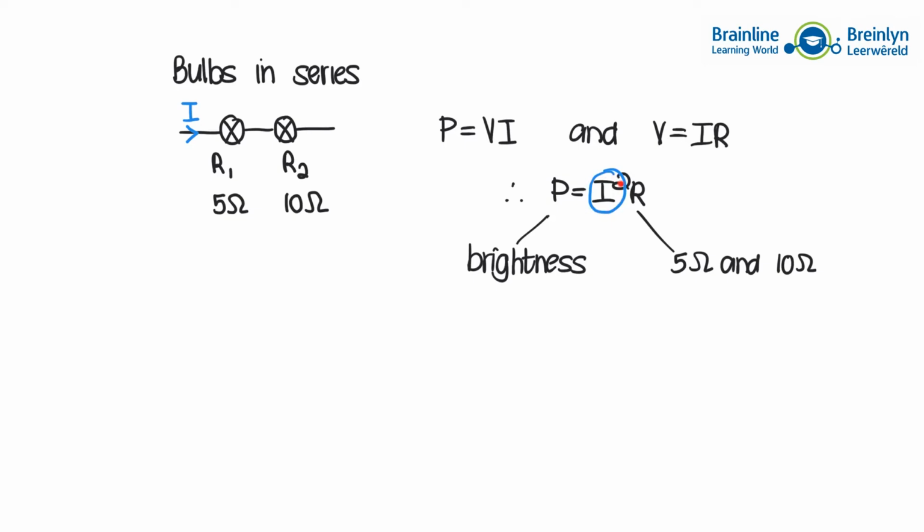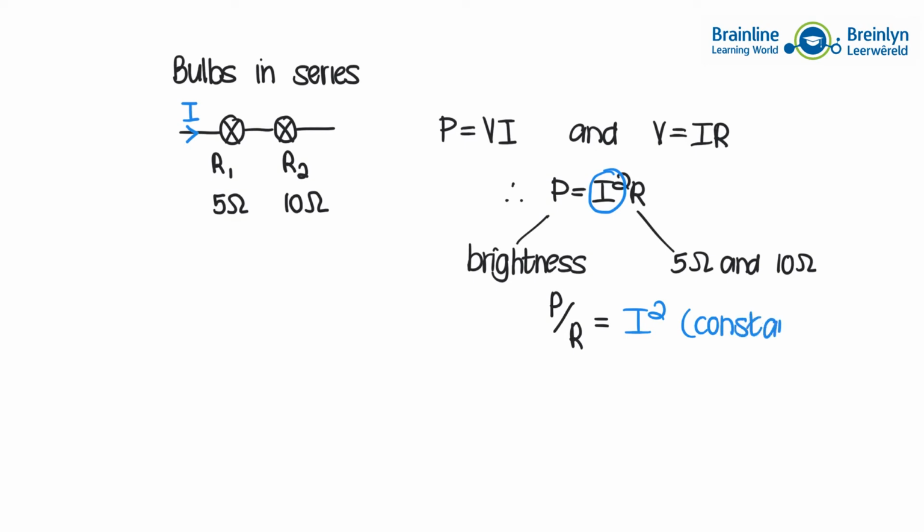So to keep the constant on its own, I would need to bring the R to the left hand side. It's multiplied on the right, so to bring it to the left, the formula would relate to P divided by R equals the I squared, which we know is constant.